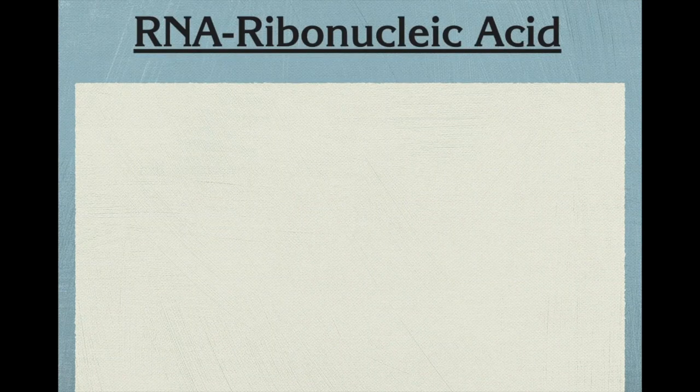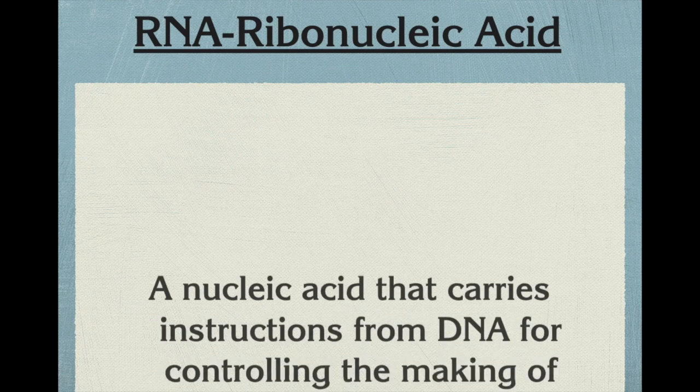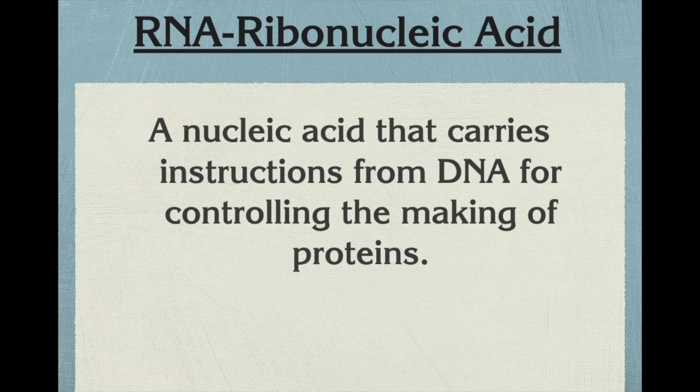Now let's look at RNA. RNA is ribonucleic acid. Remember, DNA, deoxy, had less oxygen than ribonucleic acid. RNA is a nucleic acid just like DNA, but it actually copies the information from the DNA and makes proteins. There are three types of RNA we're going to talk about.